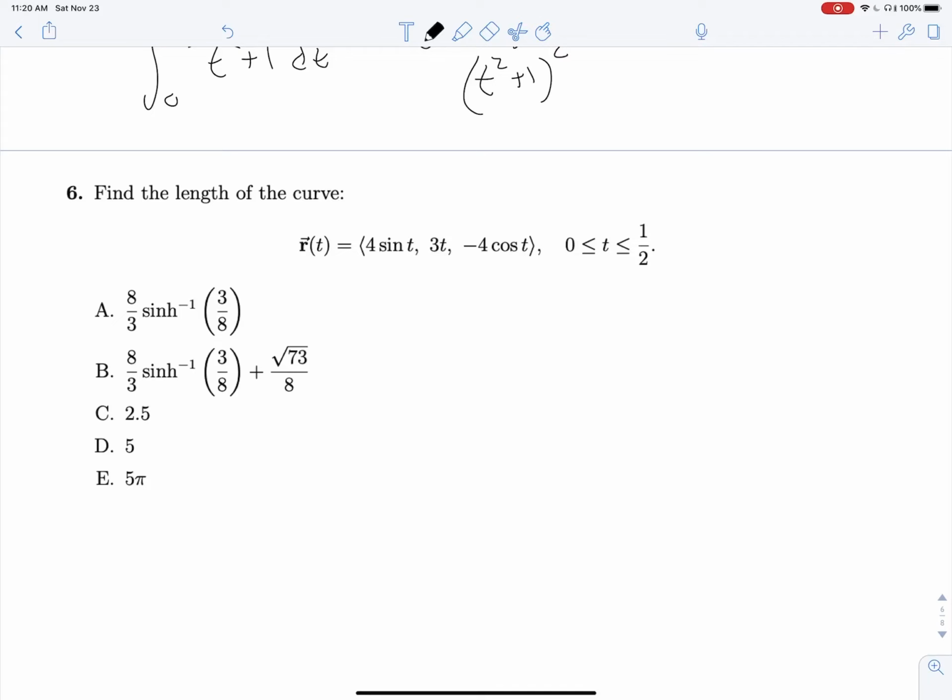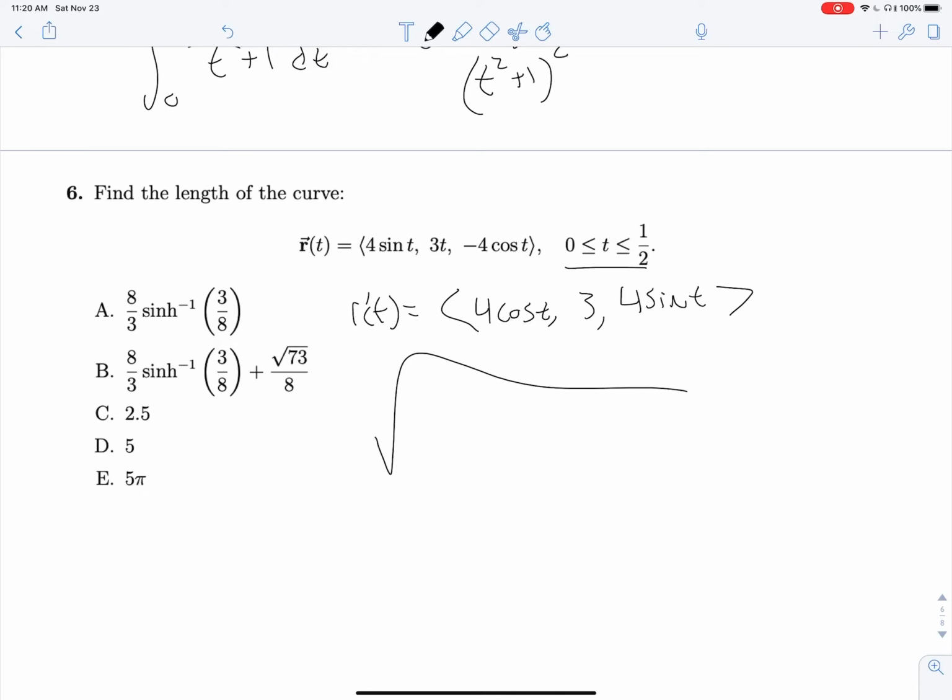Okay, we're finding the length of this curve on these bounds. This shouldn't be too bad. We need an r prime of t, which is going to be 4 cosine of t, 3, and 4 sine of t. And then setting up our square root, this will be 16 cosine squared t plus 9 plus 16 sine squared t.